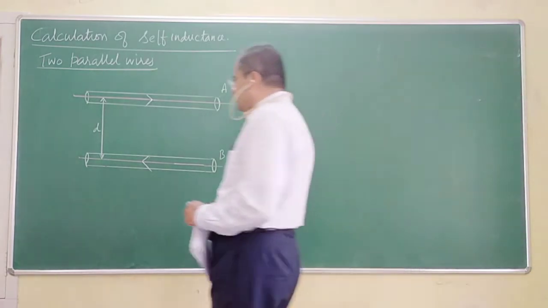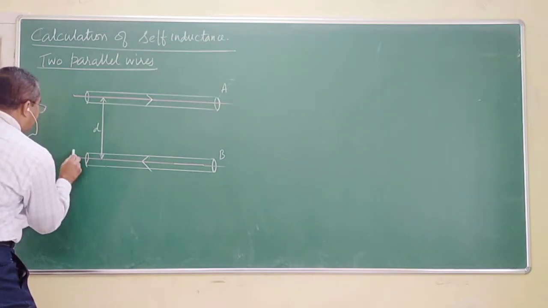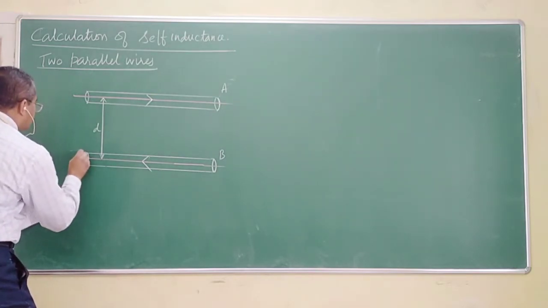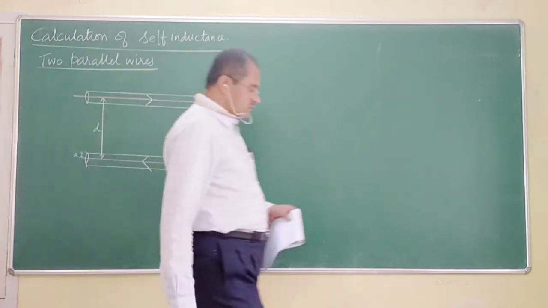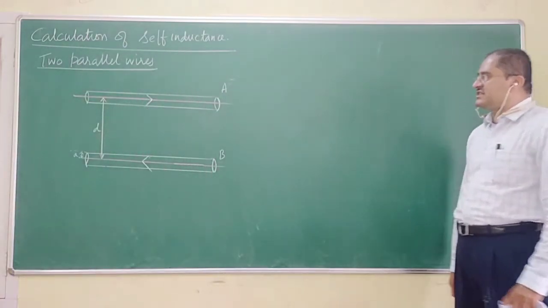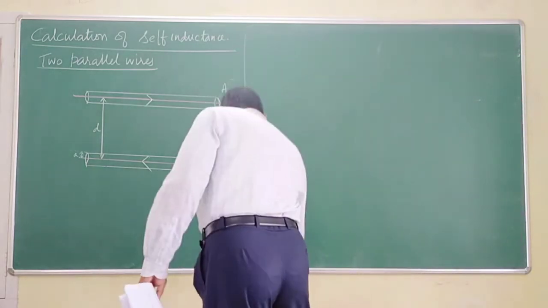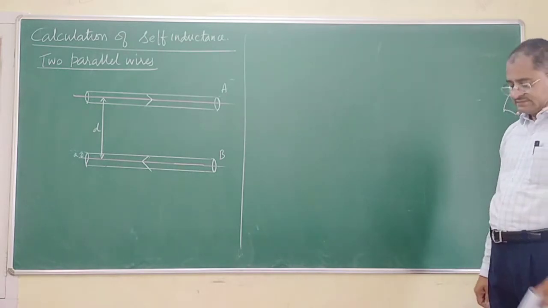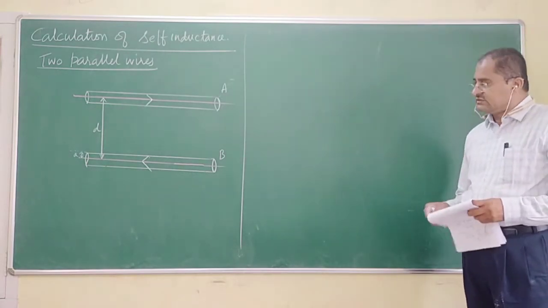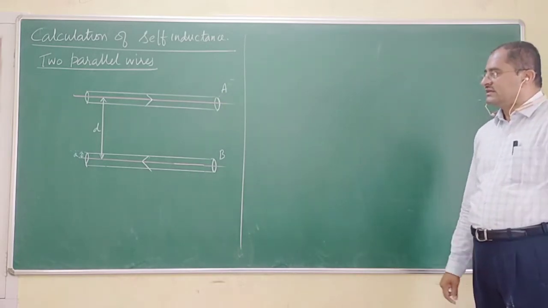The radius of this wire is A. Here is the radius of the wire. Let me repeat once again. We are considering two parallel wires separated by distance d. The direction of current flowing in these wires is indicated with the arrow mark.